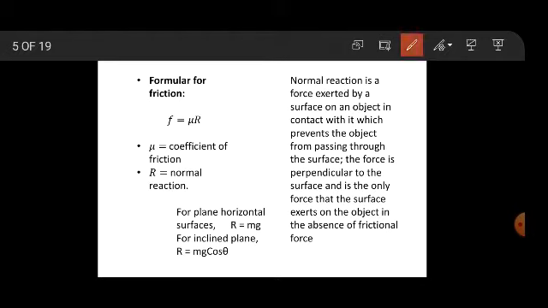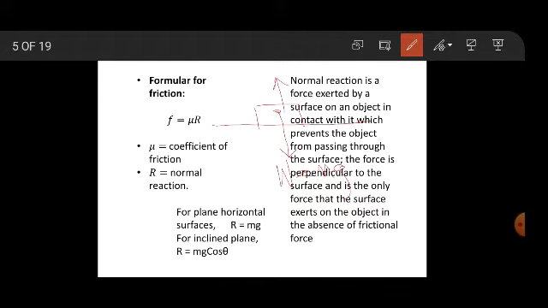Okay, let me put this straight. Now, if you have, let's say, a plane surface and an object on a plane surface, the object exerts a force on the plane surface, which is what we call the weight, W, and we know that weight is equal to mg. But the plane surface also exerts a force on the object, which moves upward.